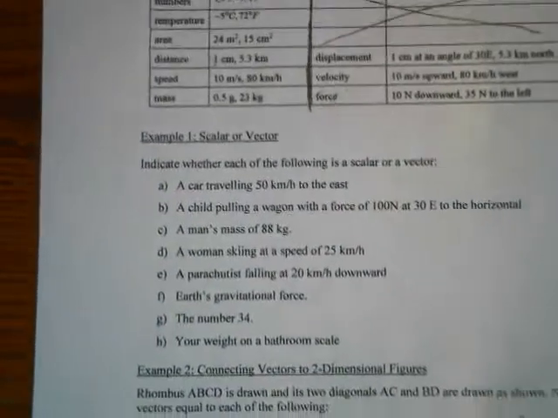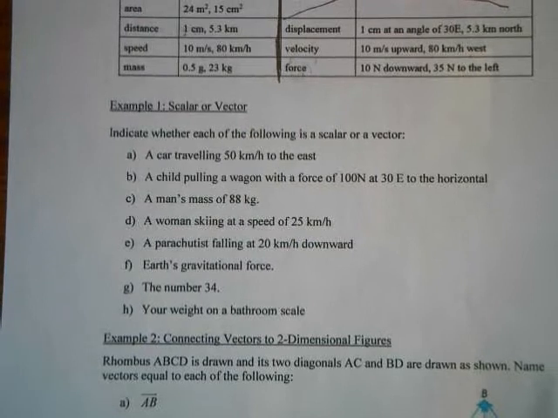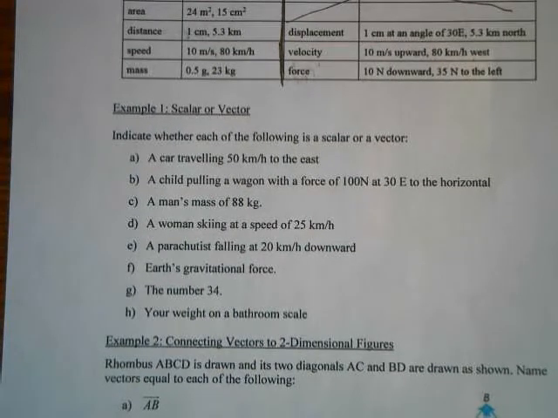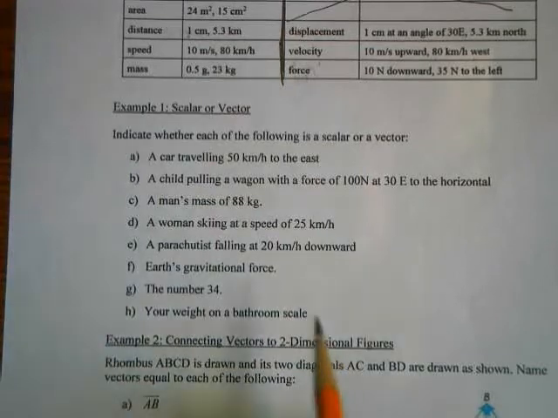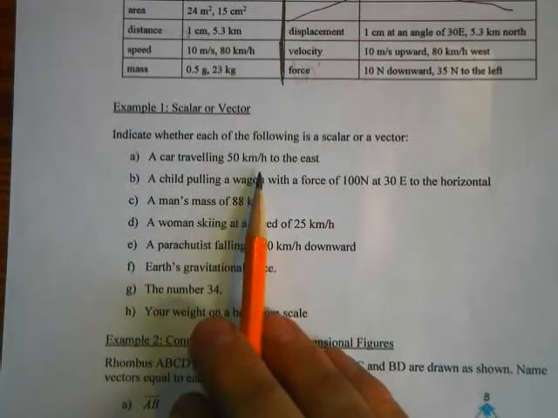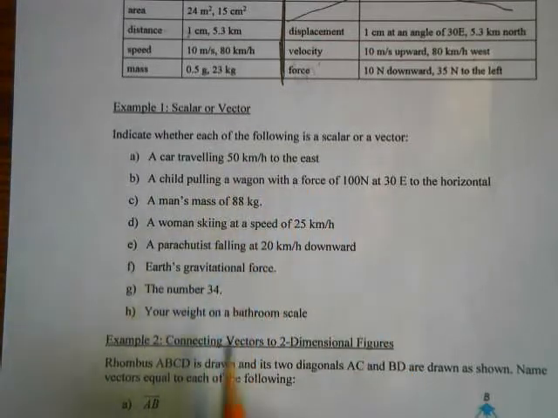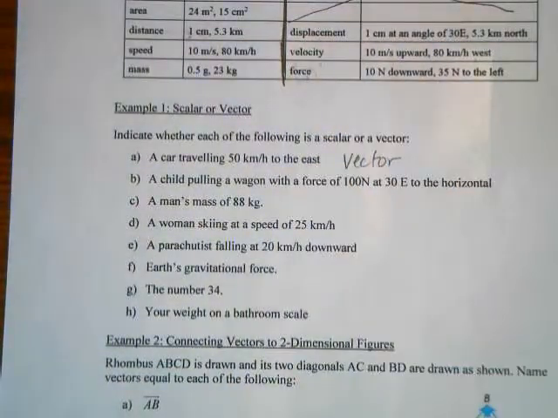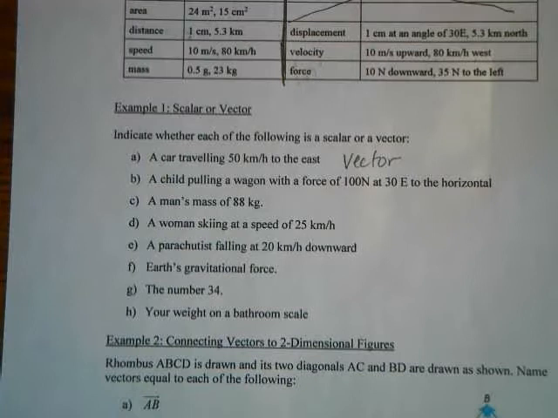Okay, and we have some examples here to try out. Indicate whether each of the following is a scalar or a vector. The key here is really looking for, is it giving us a direction? A car traveling 50 kilometers to the east, well, the east part gives it away. That's going to be a vector. A child pulling a wagon with a force of 100 newtons at 30 degrees east to the horizontal.